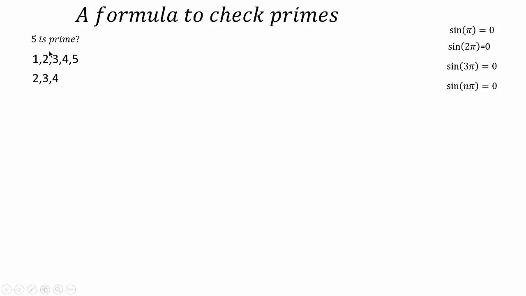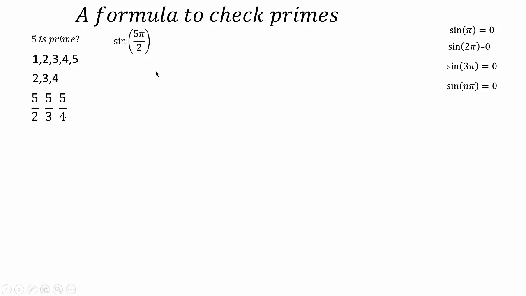If 5 is divisible by any of these numbers, then it will not be a prime. So you can divide 5 by 2, 3 and 4, and every time you will get a fraction. We will use these fractions in the sine formula to generate our result.